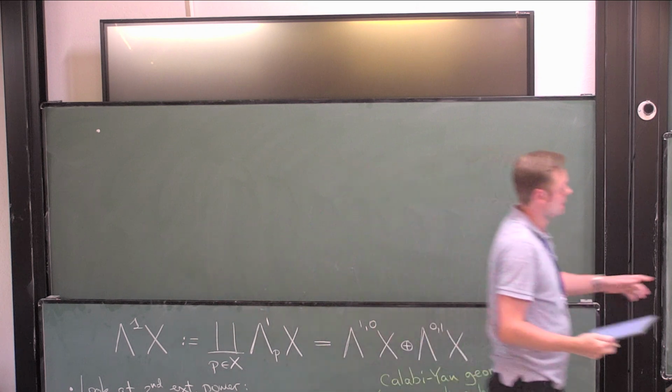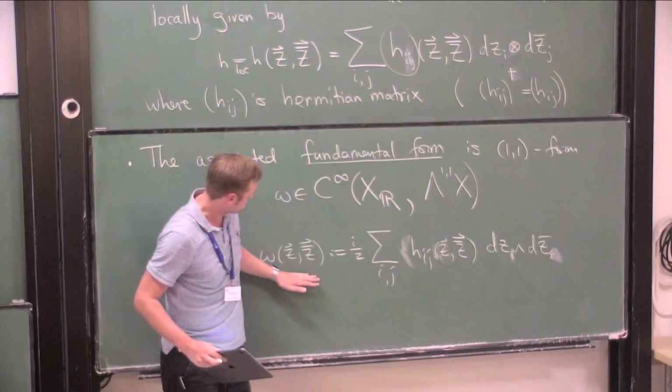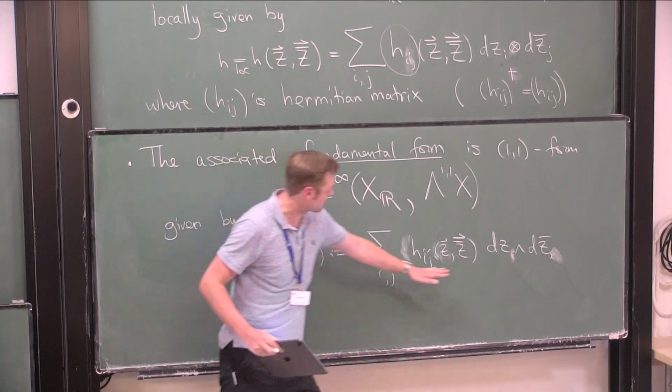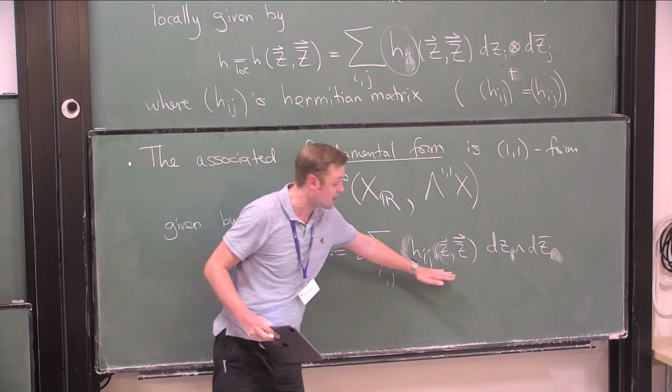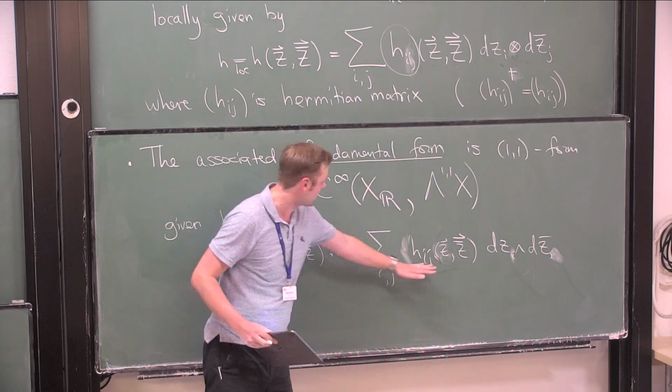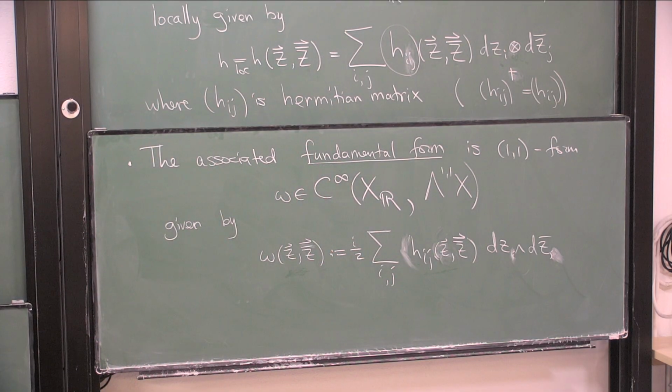So this fundamental form associated with the Hermitian metric, in principle, can be quite wild, but in order to get Calabi-Yau geometry out of it, we will require that this 2 form satisfies a certain partial differential equation.